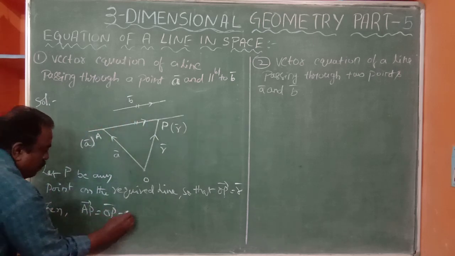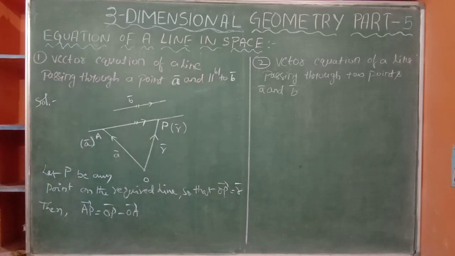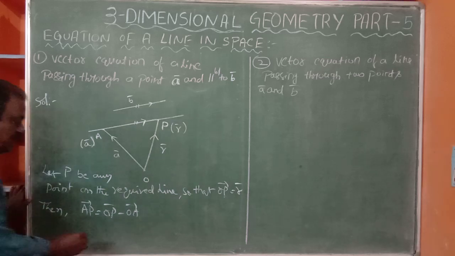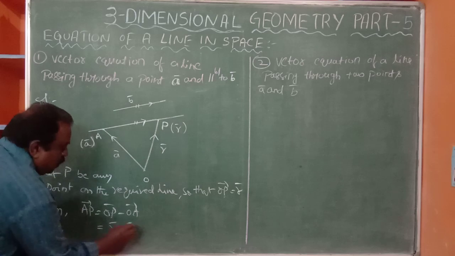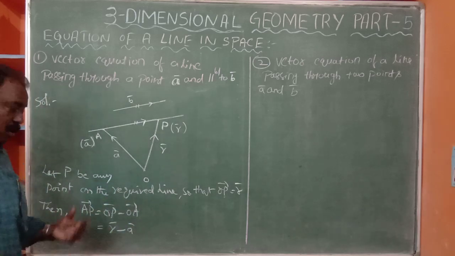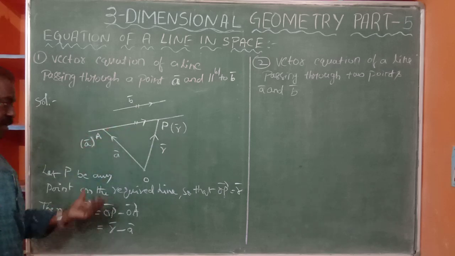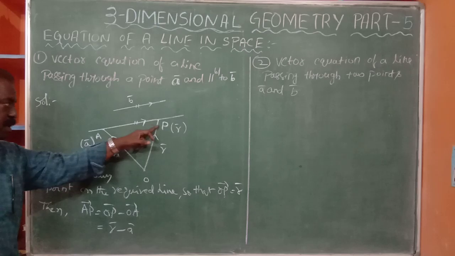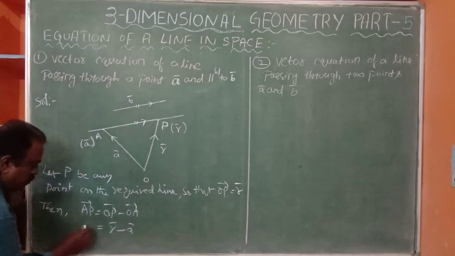It is OP bar minus OA bar. Will you agree? What is OP bar? R bar minus A bar. Any free vector is the difference of terminal point and initial point. We know it. It is AP bar.